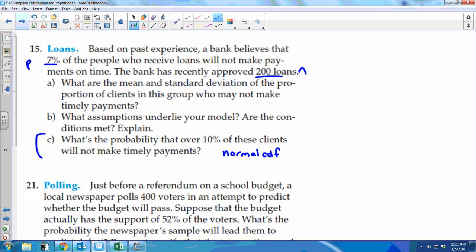With normal CDF, you can calculate a probability using your boundaries and your mean and standard deviation, right? It says over 10% of these clients will not make timely payment. So you're going to do 10% to infinity, quote unquote, right? And now we have the ability in your calculator, because I told you, you can substitute the mean and standard deviation into the calculator, and it'll tell you the probability.